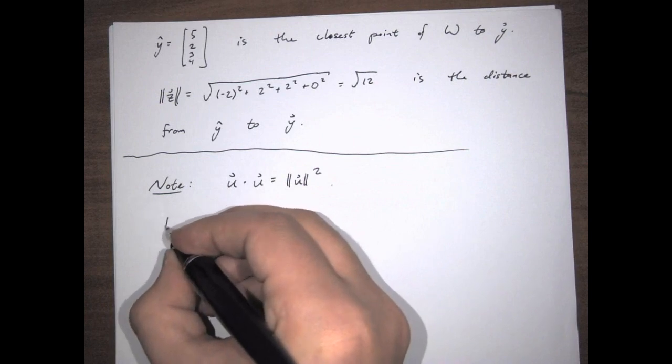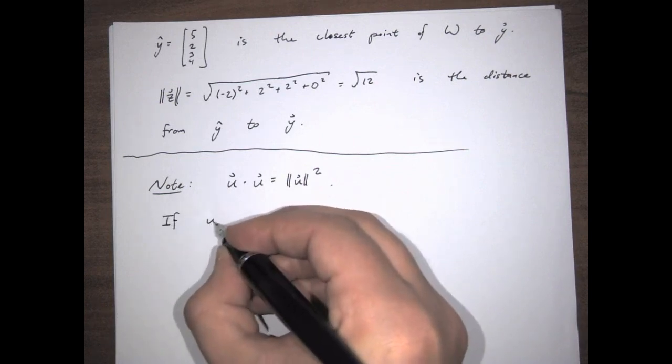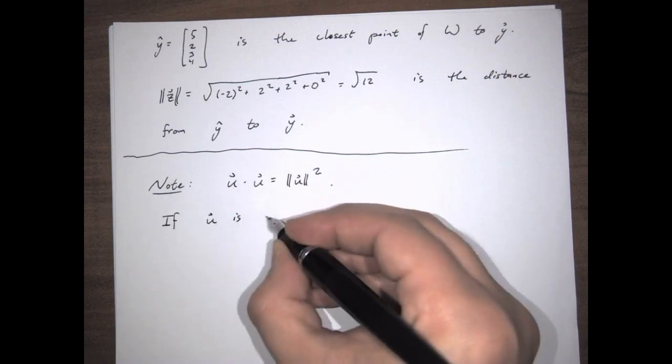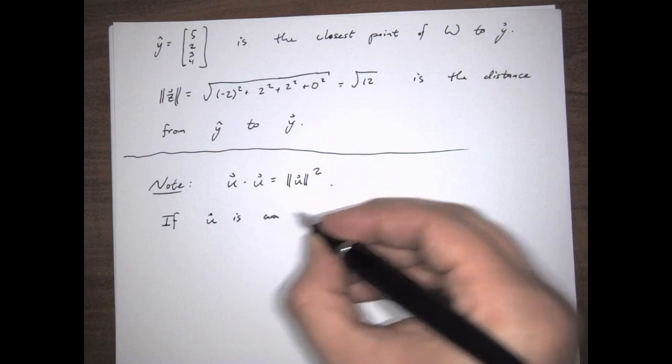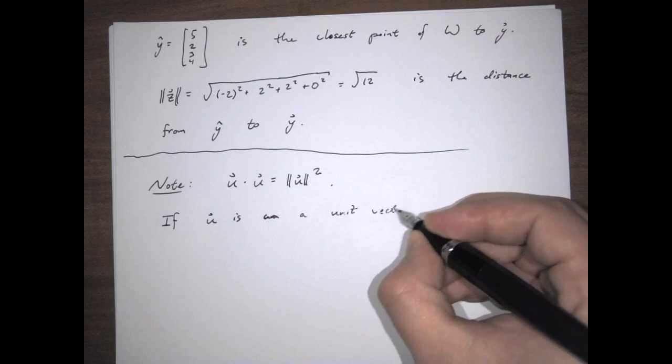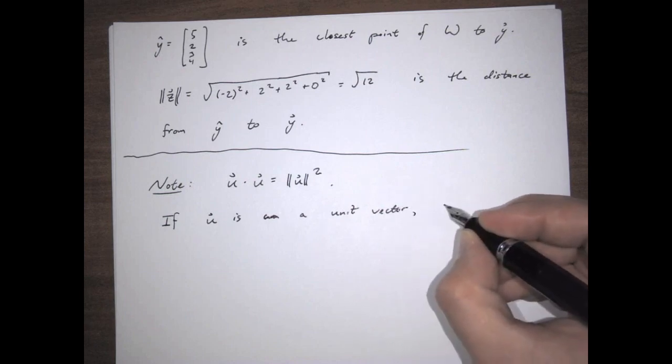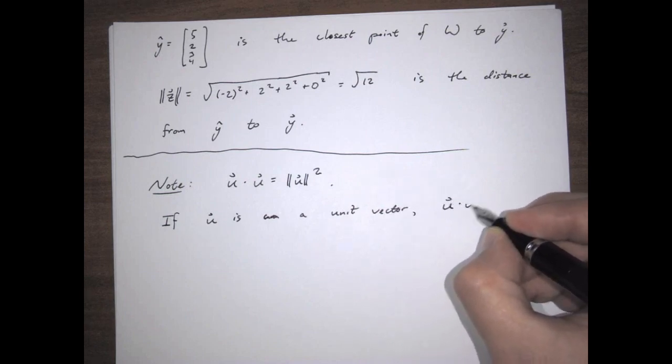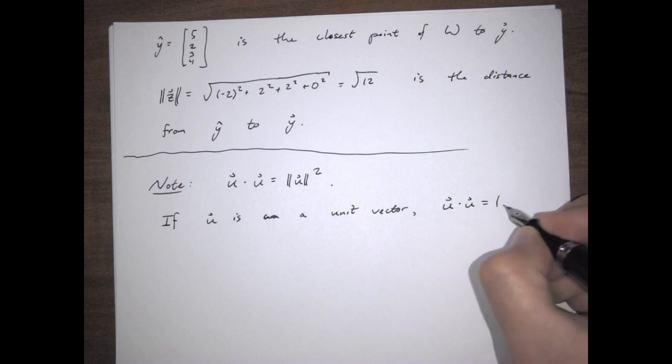So if U is a unit vector, U dot U equals 1.